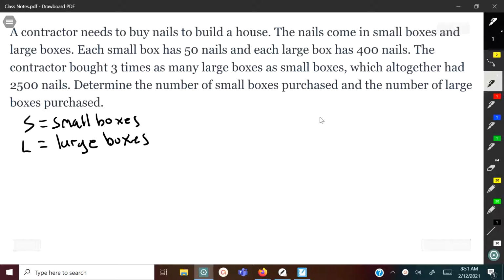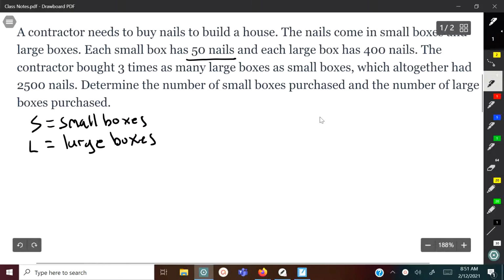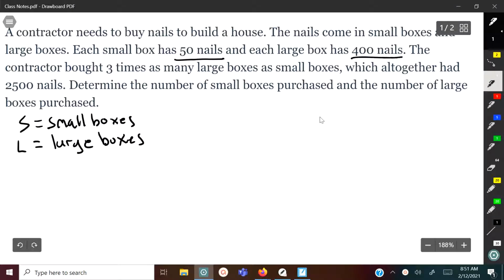We're going to make the first equation from two sentences together: each small box has 50 nails, each large box has 400 nails, and altogether they had 2,500 nails.